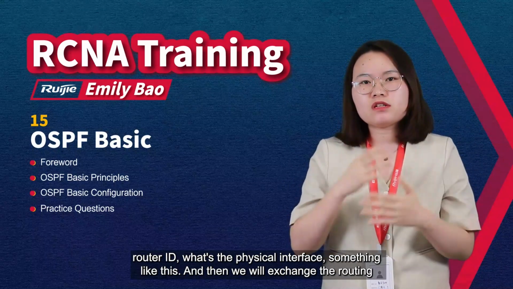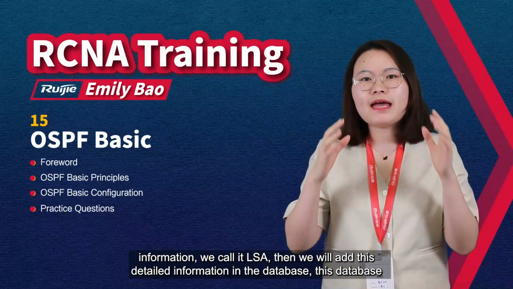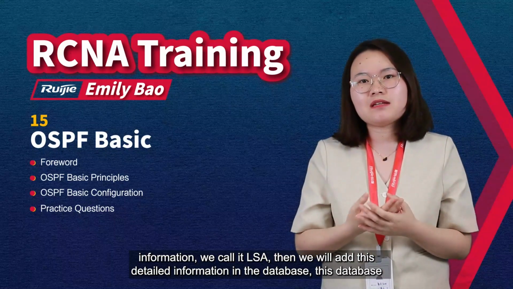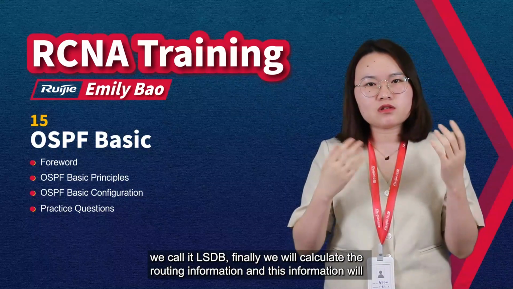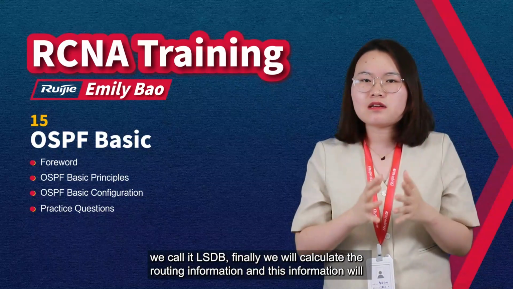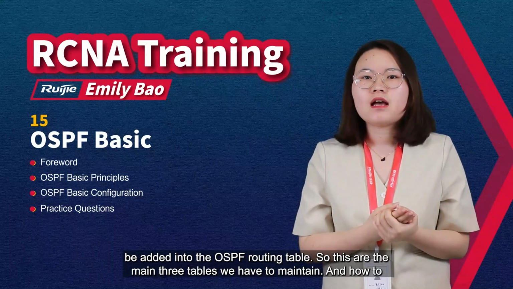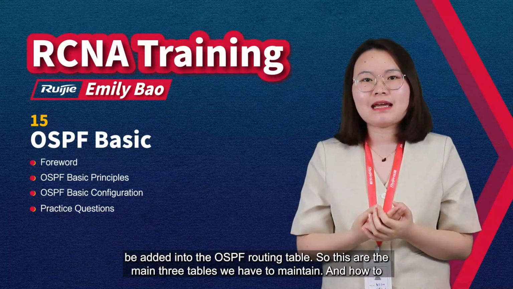And then we will exchange the routing information, we call it LSA. Then we will add this detailed information in the database. This database we call LSDB. Finally, we will calculate the routing information, and this information will be added into the OSPF routing table. So these are the main 3 tables we have to maintain.